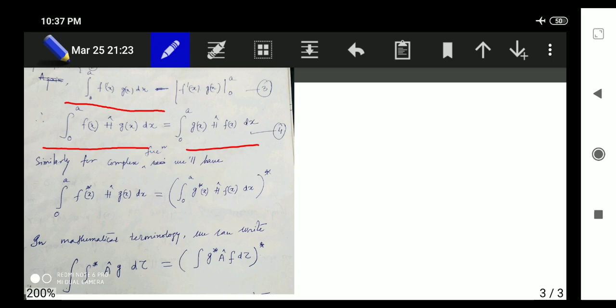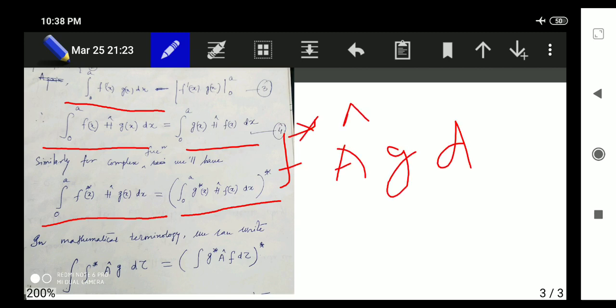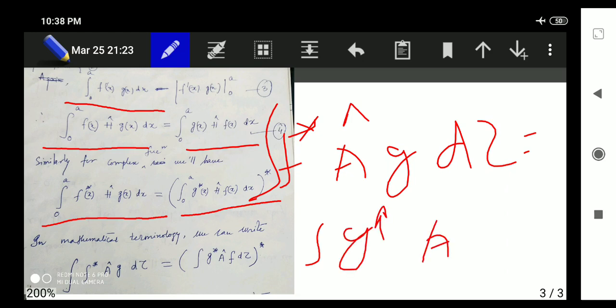Similarly for complex functions, if f and g both are complex functions, then if you start with f star(x) A cap g(x) dx, you will end up with the integral of g star A cap f, whole thing star.